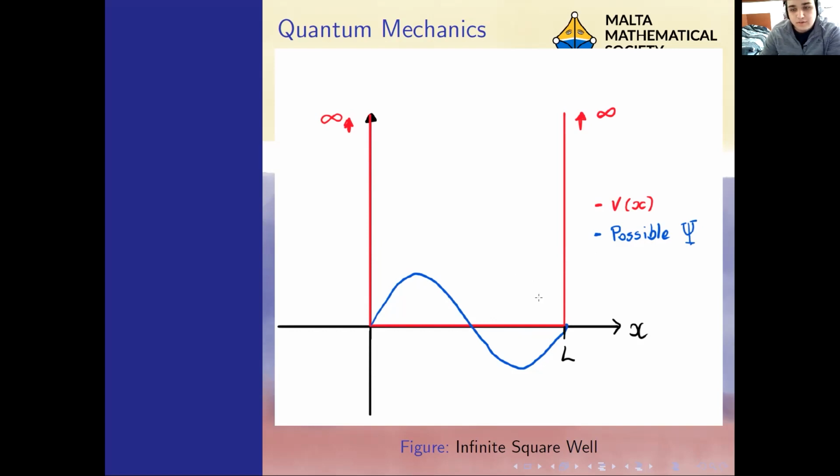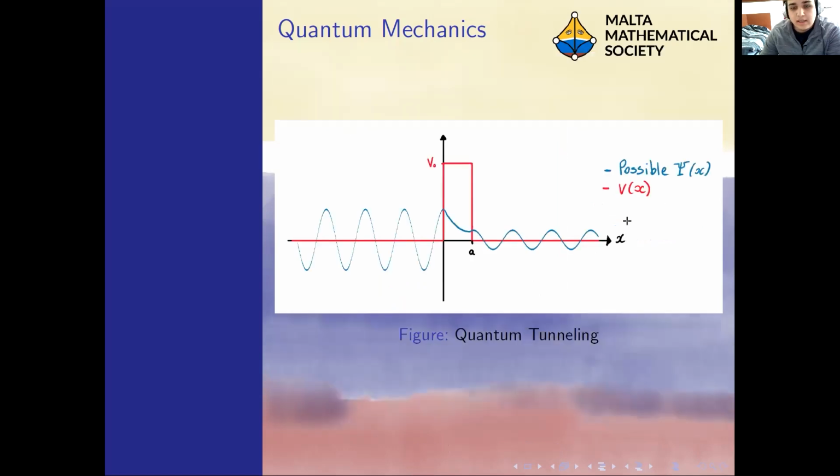Another geometry based on the potential is the barrier. Here, this is an effect called quantum tunneling, right? If you have a potential barrier, given some finite potential here, the particle is free to move anywhere else. So you have a sinusoidal sort of solution anywhere else. It has a decaying chance of finding the particle inside the potential.